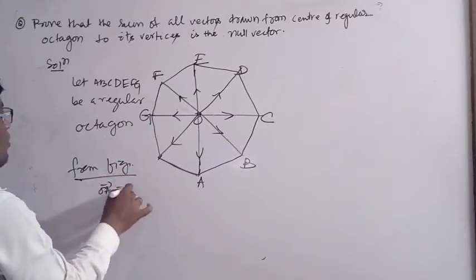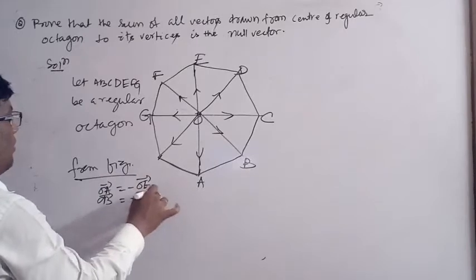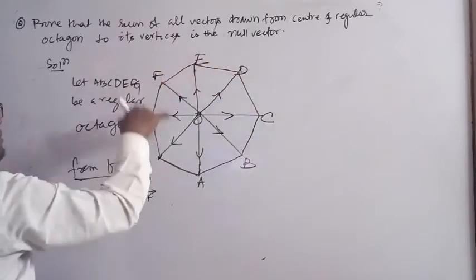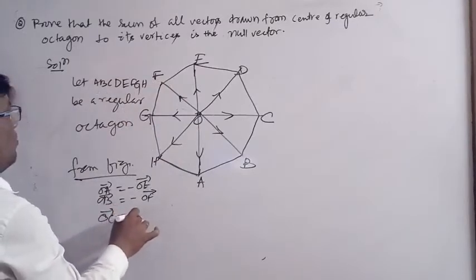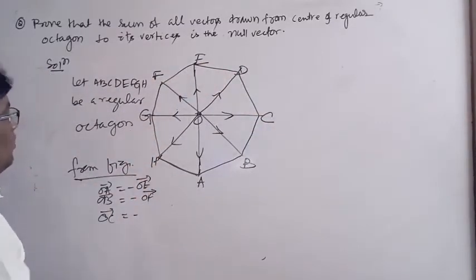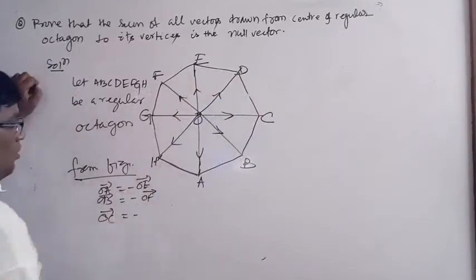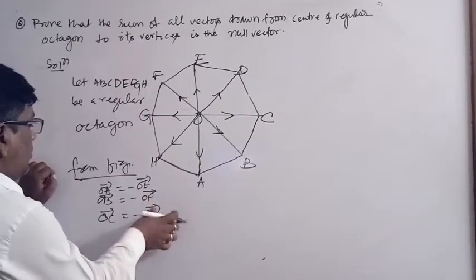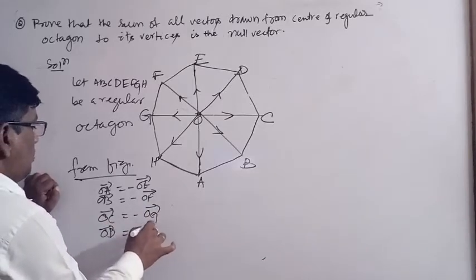From the figure, OA vector is equal to minus OE vector, OB vector is equal to minus OF vector, OC is equal to minus OG vector, and OD is equal to minus OH vector.